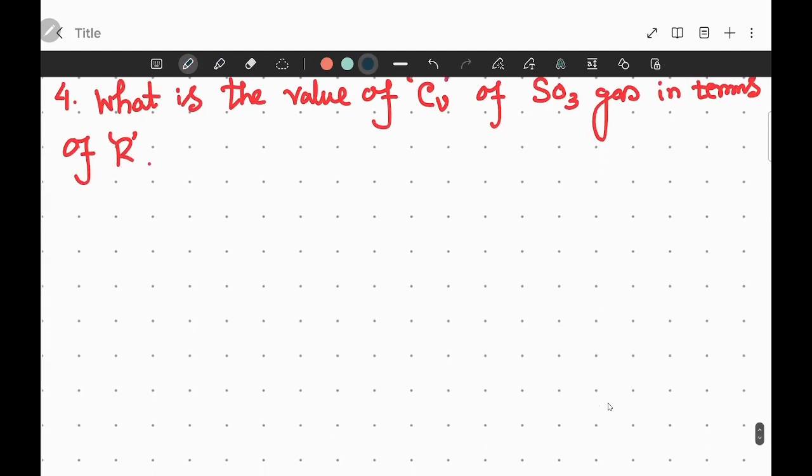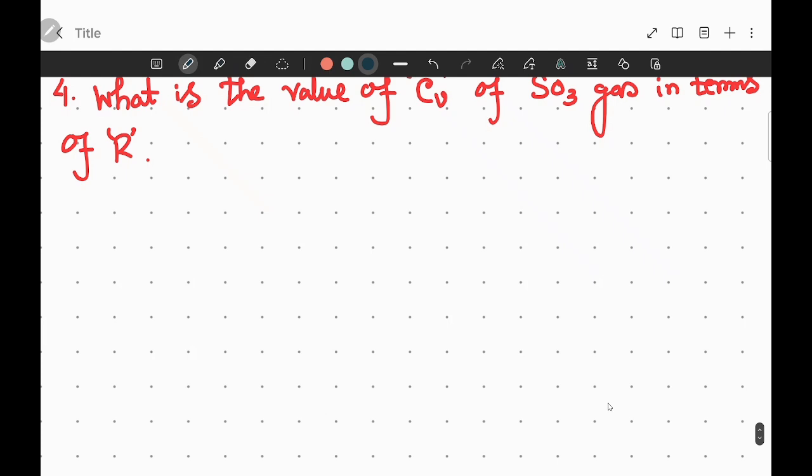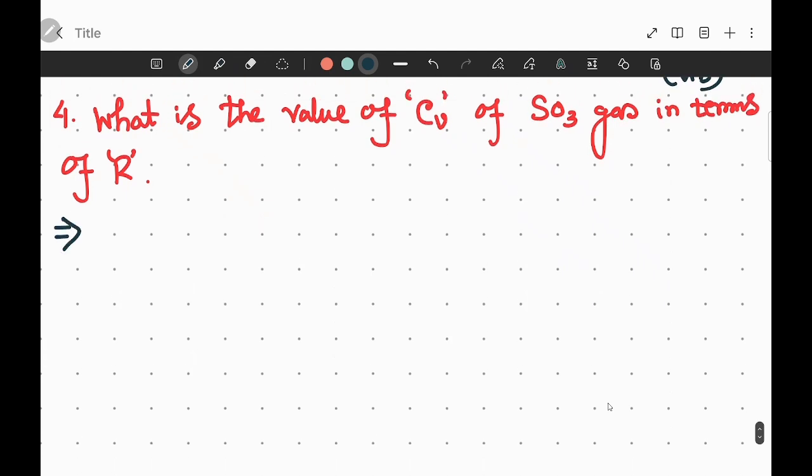So here you can actually check it. So SO3, how does it look? Non-linear. So SO3 essentially looks like BF3. So what should be the point group? D3h.